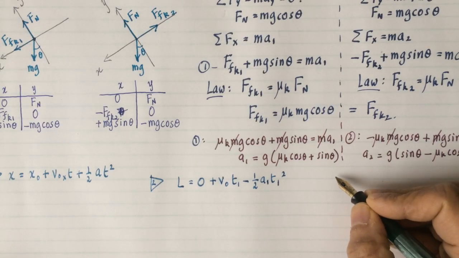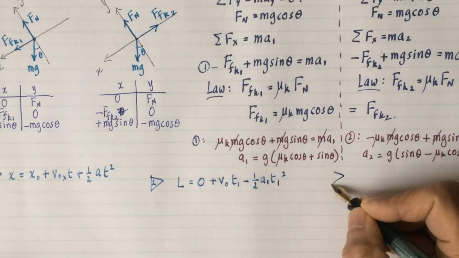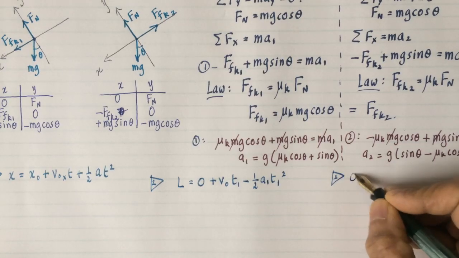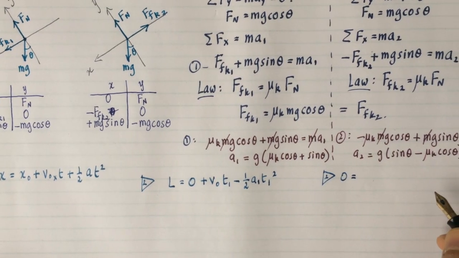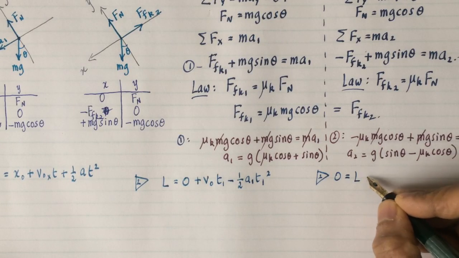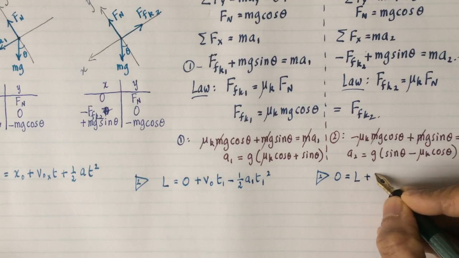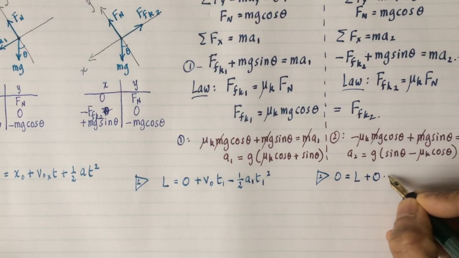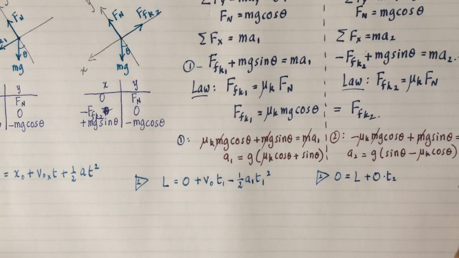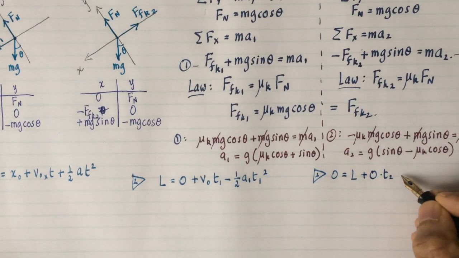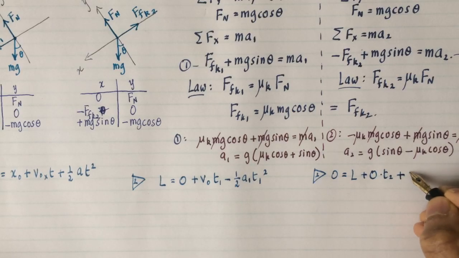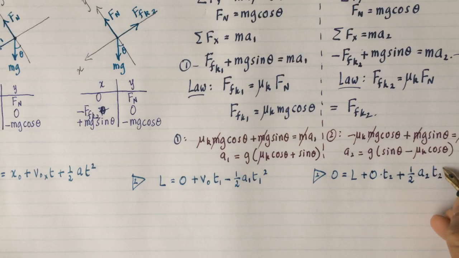The kinematical equation for the way down, the final is 0, the initial is L, the initial speed is 0 because starting from rest on the top, and then it's going to be plus 1/2 a2 t2 squared.